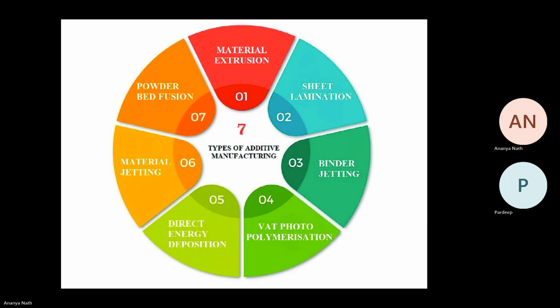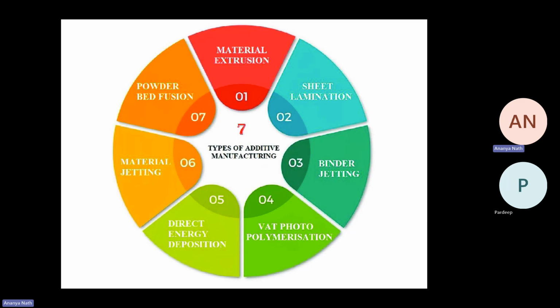So in all the seven processes, I would like to point out a few very important points. Material jetting can give us the highest resolution parts for polymer printing. Material jetting can print only polymer, and it can give us the highest resolution parts.